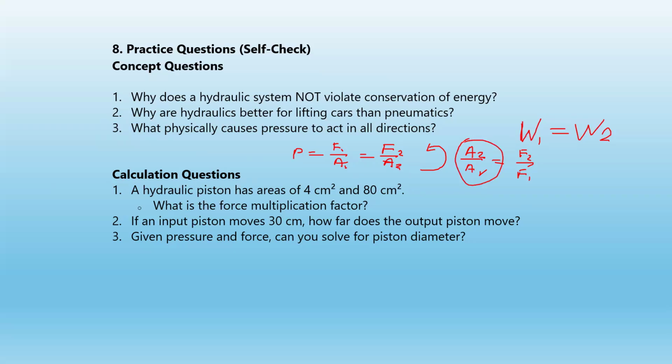Well, look at this here. 80, that's the area 2. 4, that's the area 1. Just divide the areas, 80 divided by 4, and I'm going to spare you the mouse clicks with writing the units.